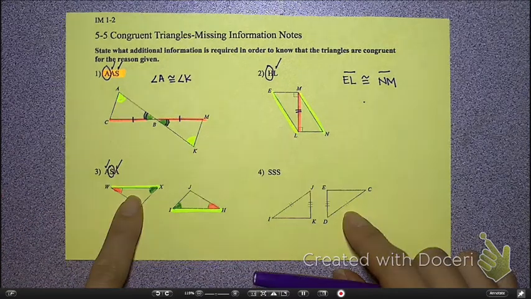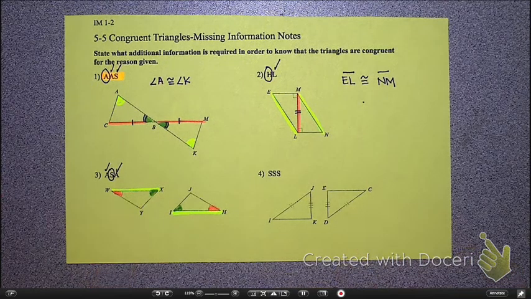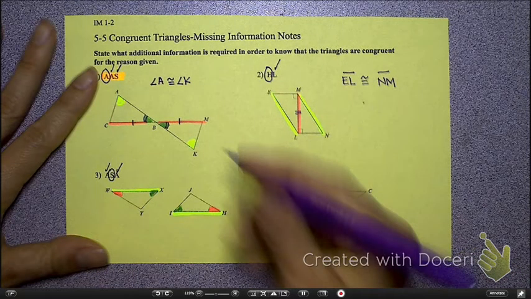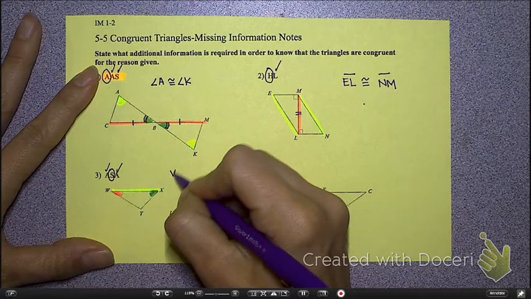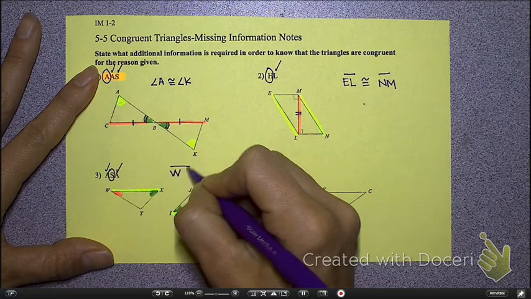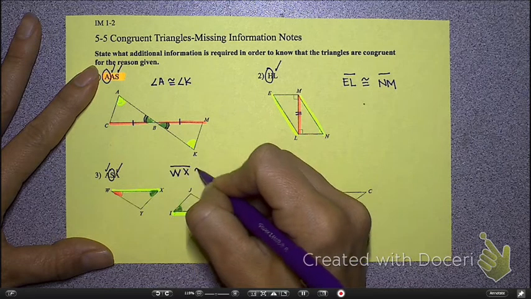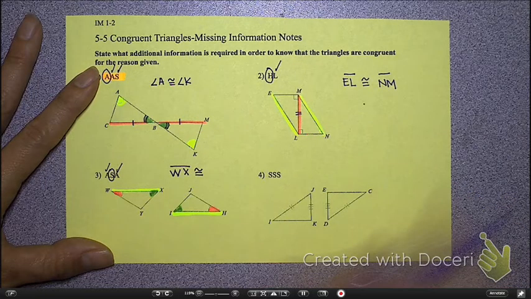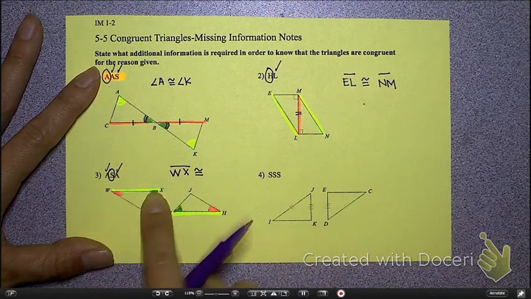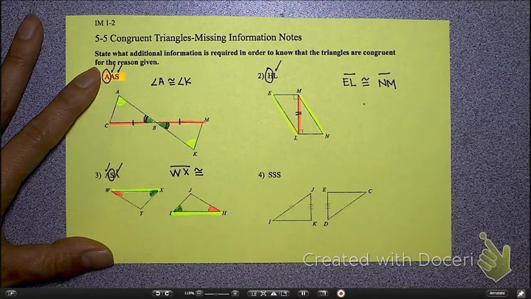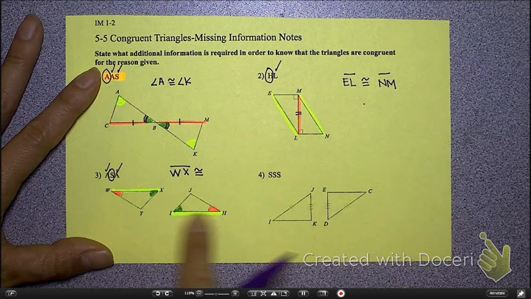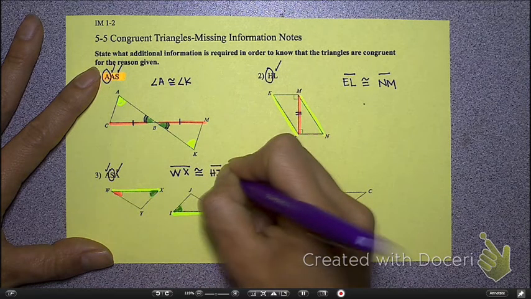Do you guys want to call it WX or XW? WX. So I need to know, in order to prove these are congruent, that WX is congruent to, now if I called this one WX, what am I going to call the other one? HI. I need to know those segments are congruent.